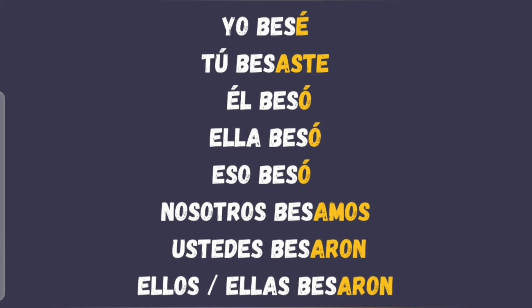So as you can see, the root word, the base word that is never changing, it's bes, okay? And the ending has to change according to the personal pronoun you have, okay? Yo, é; tú, aste; third persons, ó; nosotros, amos; ustedes, ellos, ellas, they have to end with aron, okay?